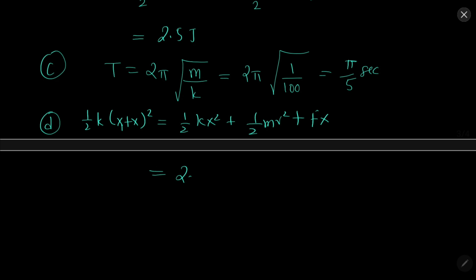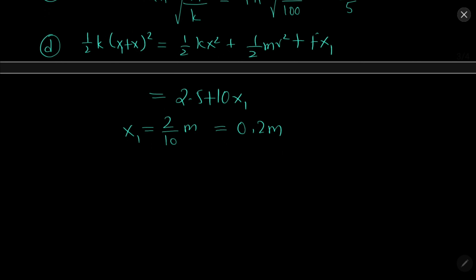So it will give us 2.5 plus 10x. From here x will come out to be 2 over 10, or 0.2 meters.